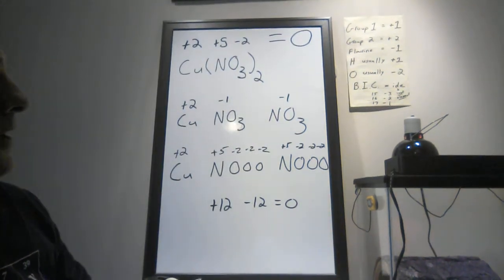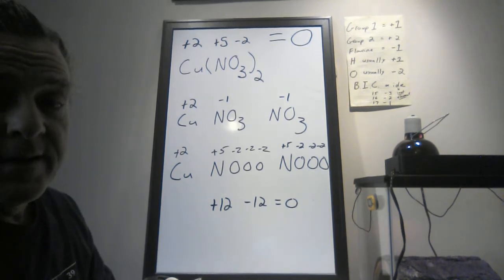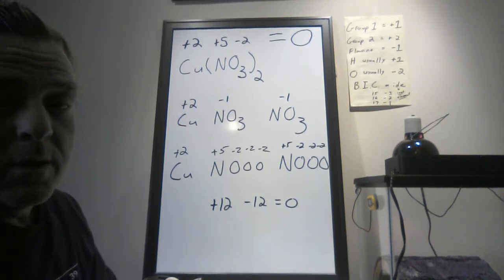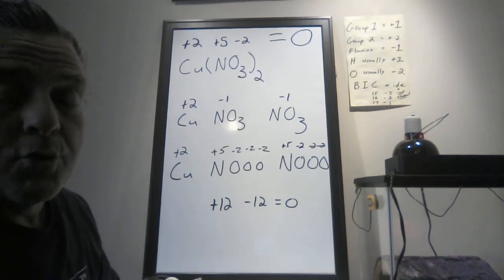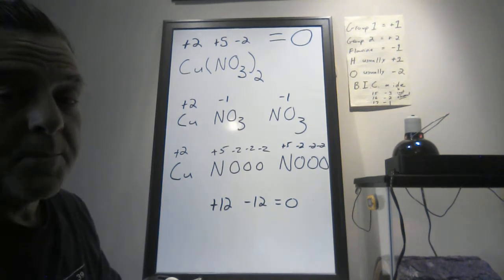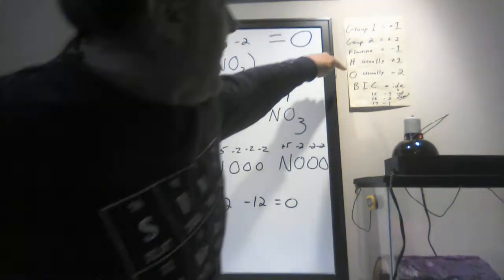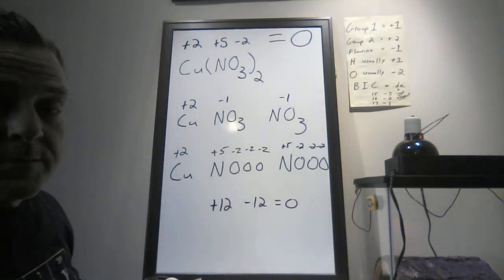Then it would depend on how many of those group 1 or 2 elements are there. Like in H2O, oxygen is -2, but in H2O2, oxygen is -1. So it depends on what it's with. If oxygen is only with hydrogen, then oxygen will change. All right, so that's how that problem is solved.